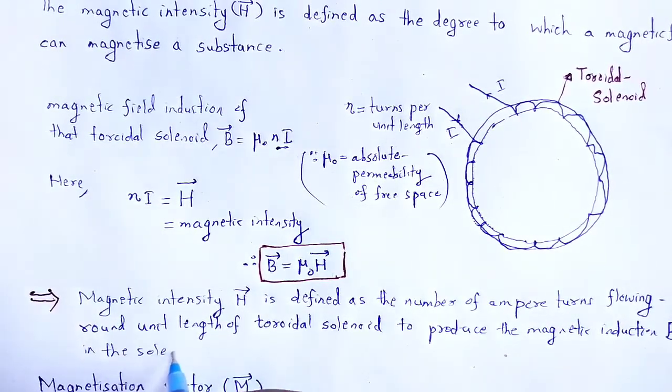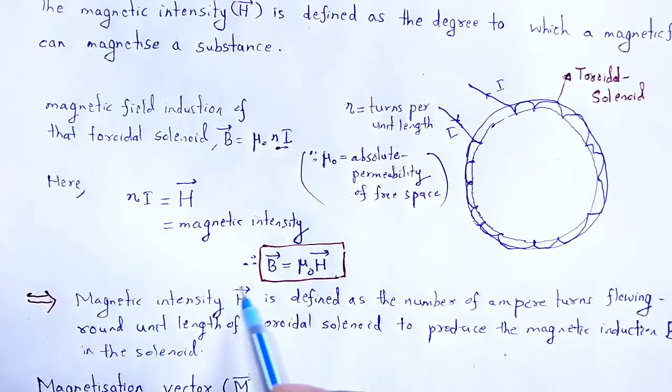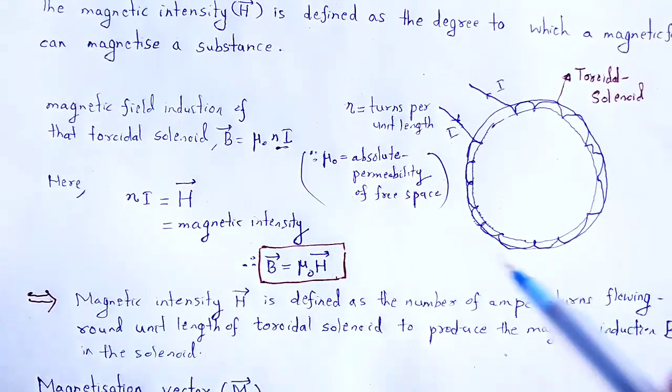In this way we define magnetic intensity S vector. Okay.